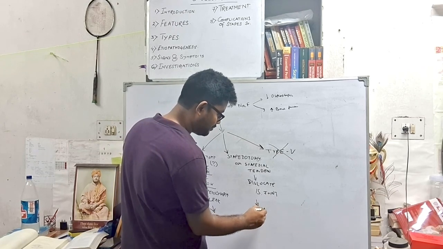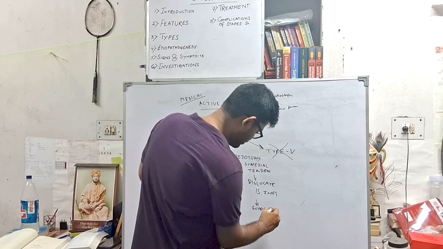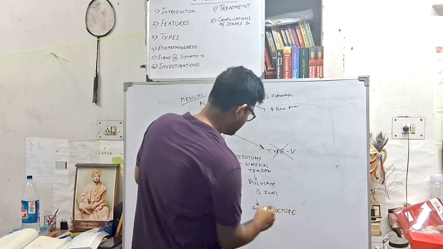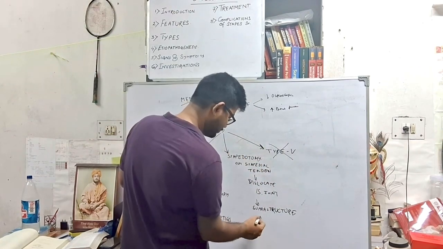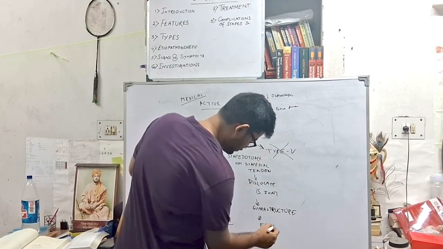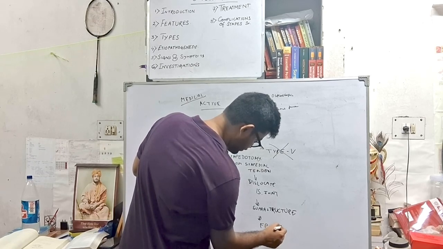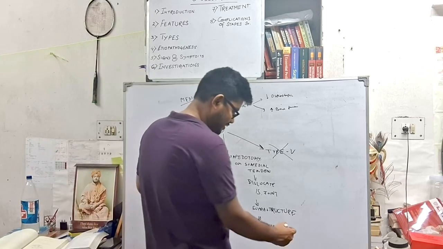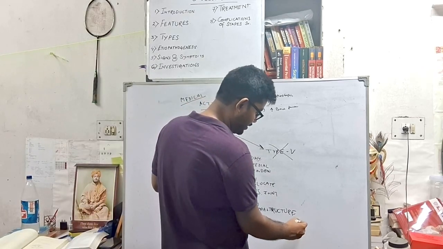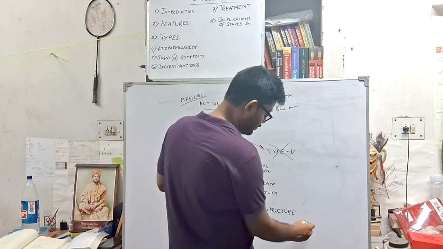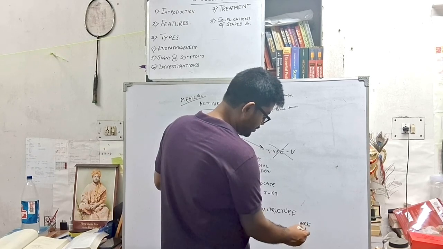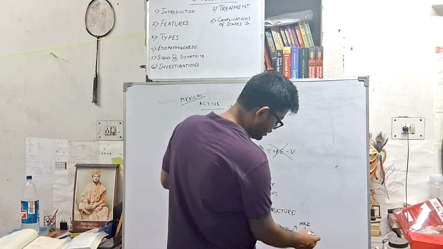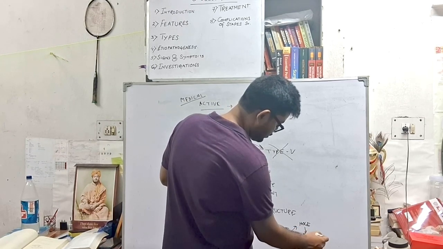The foot plate is in place. So the foot plate is intact. And a small hole is made on the foot plate, through which we place a piston which is hinged with the incus. Piston to incus.